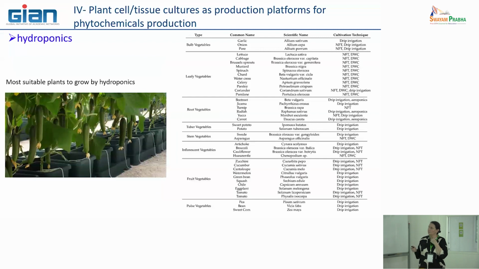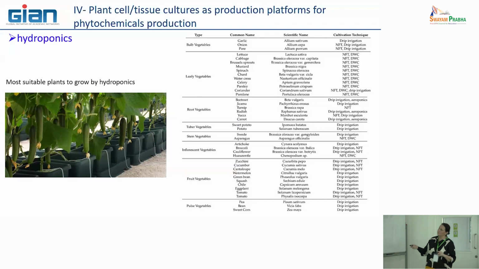So here are some examples of vegetables currently produced by this type of technique. So you have root vegetable, leafy vegetable, bud vegetable. You can have lots of names here. What is interesting: tuber, stem, inflorescence vegetable, like cauliflower, for example, and also fruits and pulse vegetables.